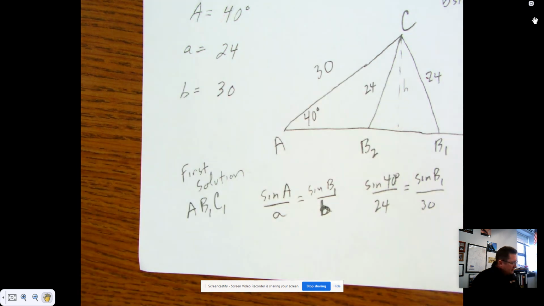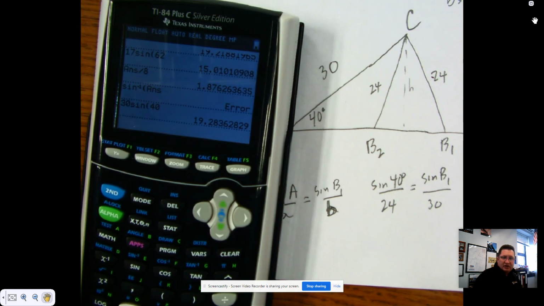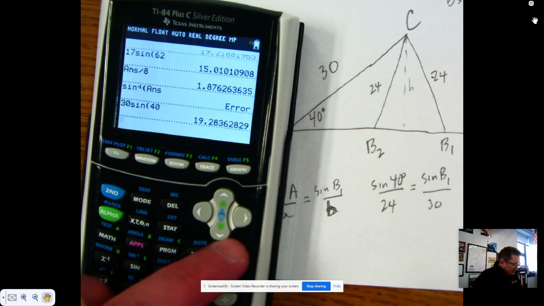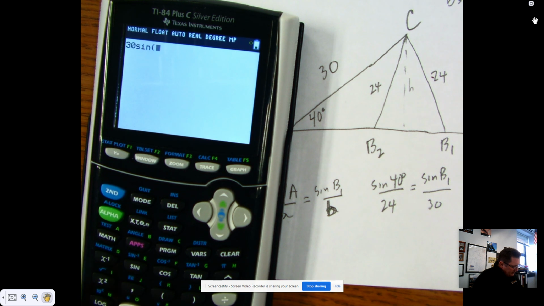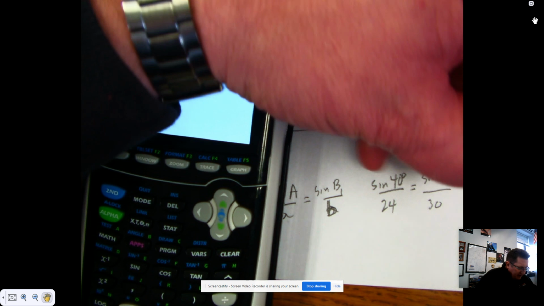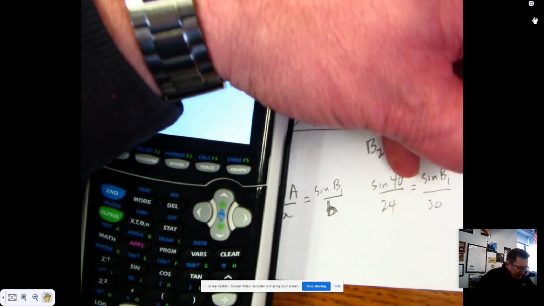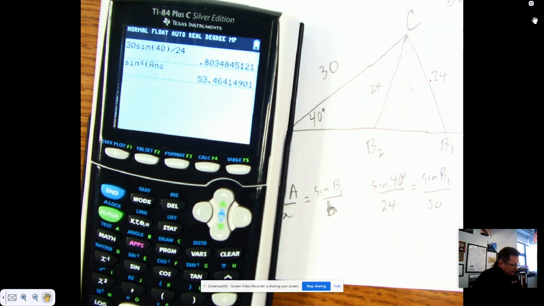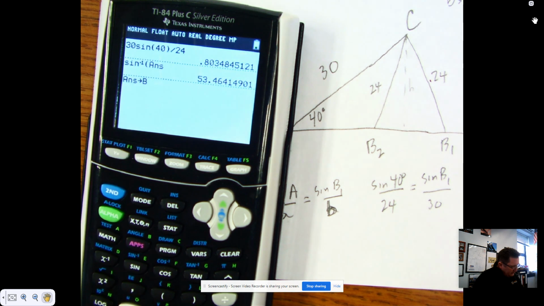When I solve that, I take 30 times the sine of 40 and divide by 24. I get this number, but remember I'm trying to find an angle, so I hit sine inverse, and I get 53.5 degrees. I'm going to need that number later, so I'll store it as B.